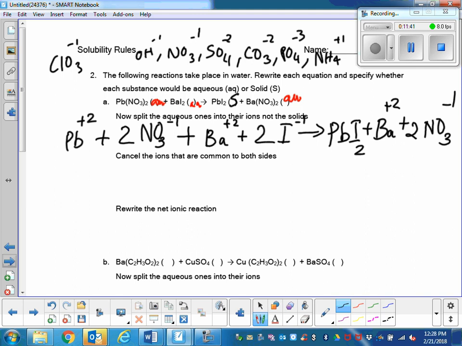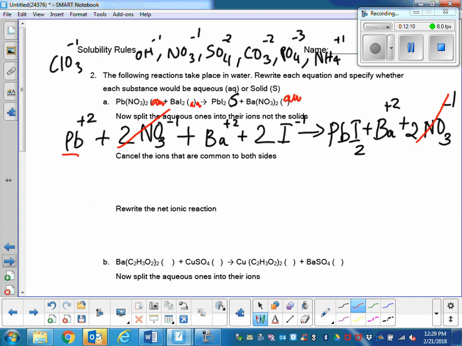So now it says, cancel the ions that are common to both sides. Meaning, is there a Pb2 plus here? Is there a Pb2 plus on the other side? I can cancel it, right? Is there a 2NO3 minus here? Yes. Is there a 2NO3 minus on the other side? So I can cancel the 2NO3 and the 2NO3.